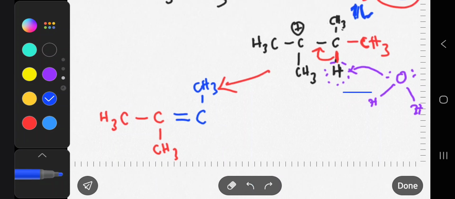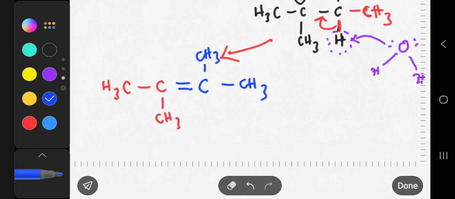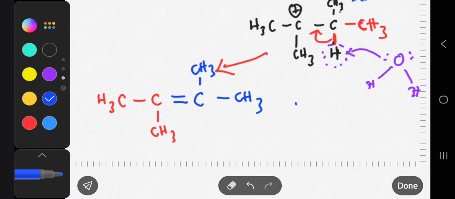So the next thing is this CH3 over here, which I'm going to write here, CH3. So, and plus what? When the water molecule picked up the hydrogen, it is going to give us this oxygen.